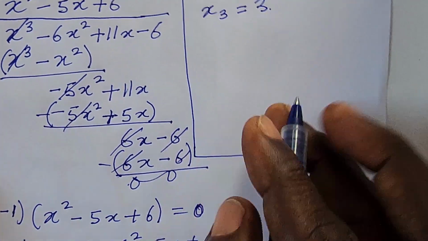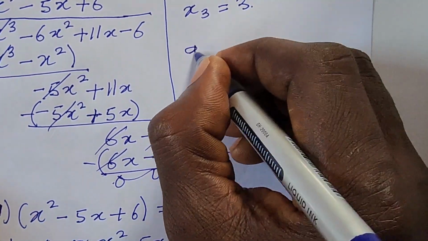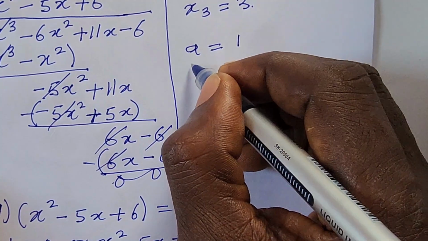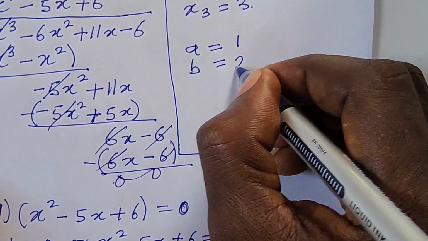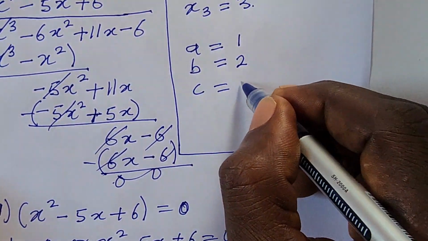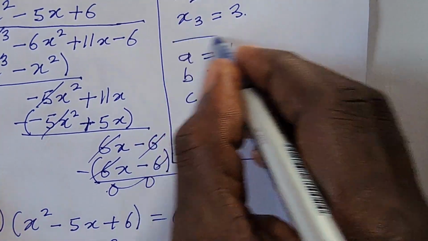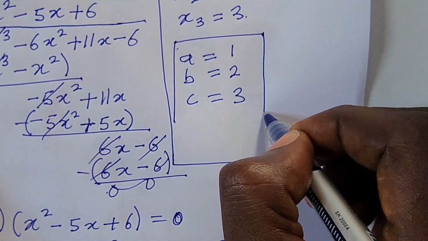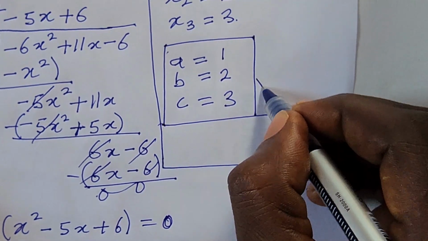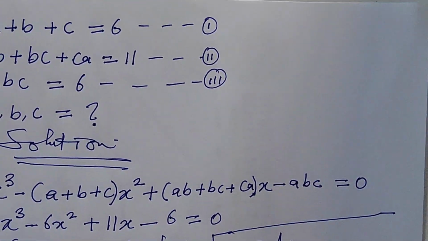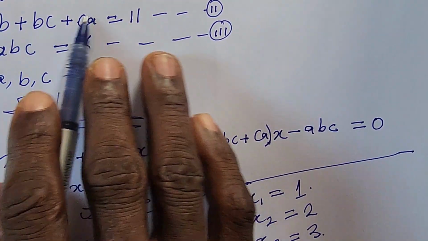So it all means that our A is equal to 1, our B is equal to 2, our C is equal to 3. So these are the values of A, B, and C that will satisfy this original equation here.